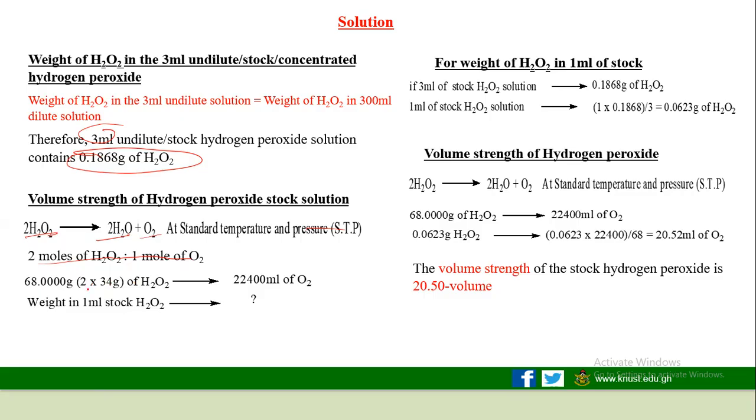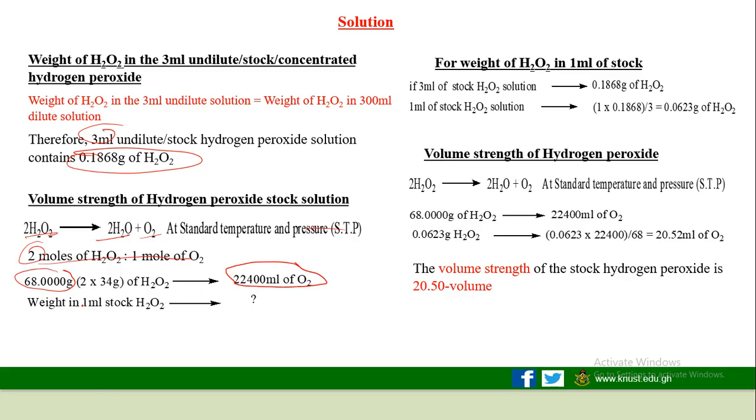Good. Now, per the mole ratio, the 34 grams of hydrogen peroxide, that is 1 mole, times the 2, that is the mole ratio here, right? Will give us 68.000 grams, which will correspond to the molar volume at STP, molar volume of oxygen.